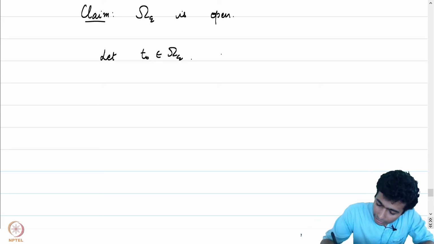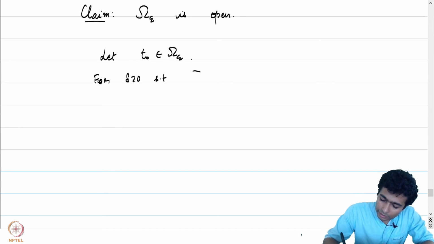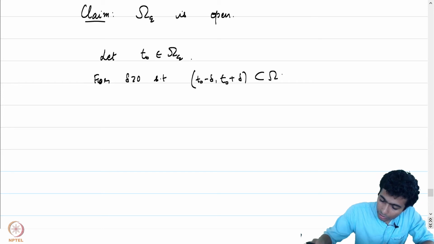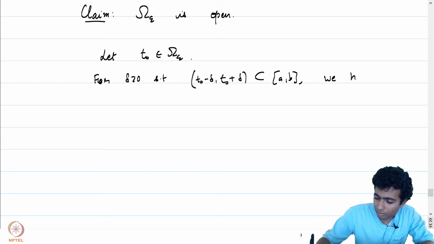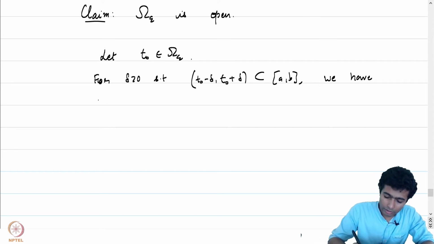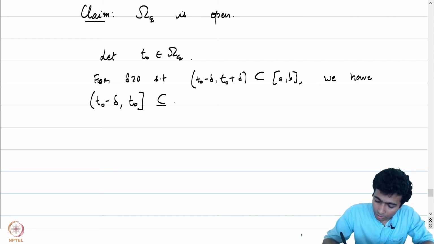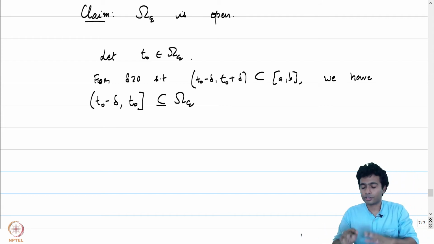So let me just note that for delta positive such that T naught minus delta to T naught plus delta is contained in [a,b], we have that T naught minus delta to T naught is contained in omega epsilon by the very definition of omega epsilon.